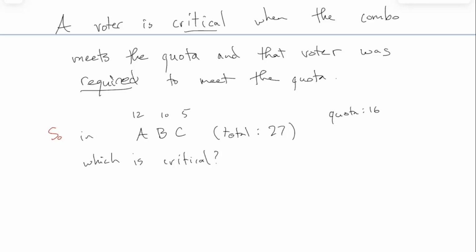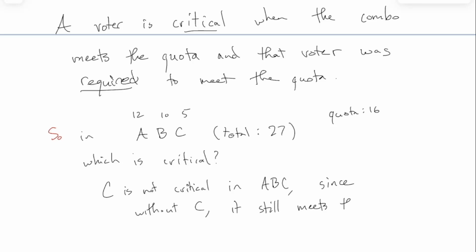So C is not critical in A, B, C, since without C it still makes the quota.